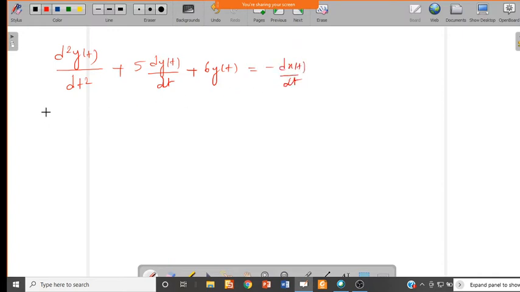Now find the frequency response and the corresponding impulse response. So try to find out this one.